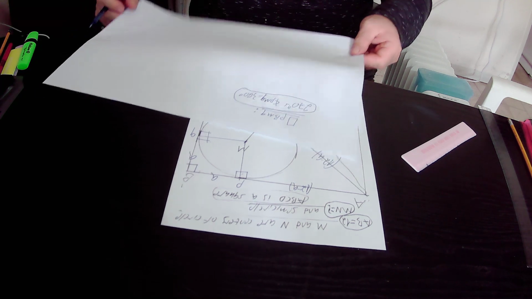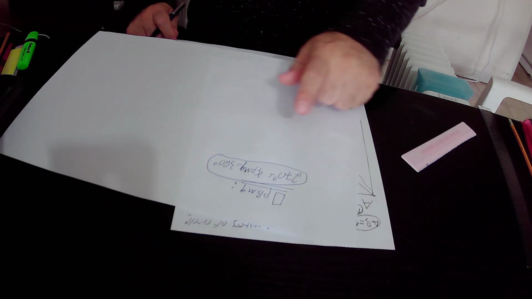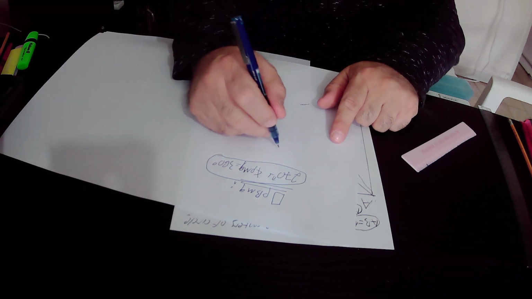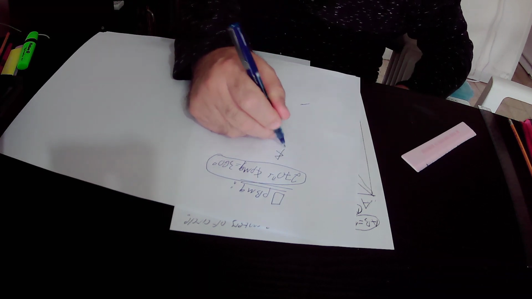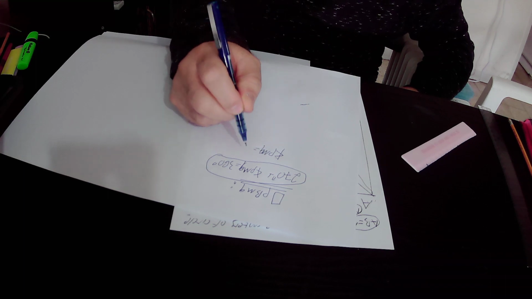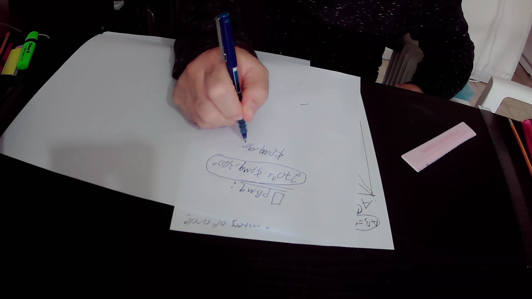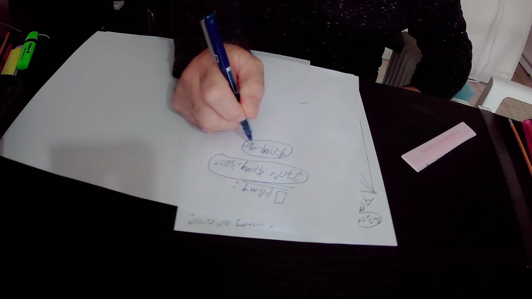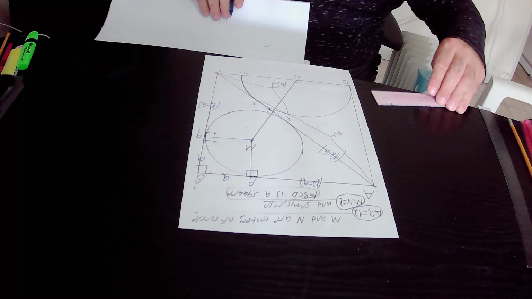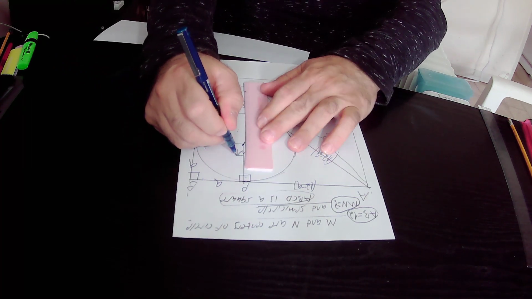Okay, here we will subtract 270 degrees from this equation, and we get that angle PMQ, the angle that we are looking for, is equal to 360 degrees minus 270 degrees, it is equal to 90 degrees. So we can write here that angle PMQ, this angle, is a right angle, it equals 90 degrees.